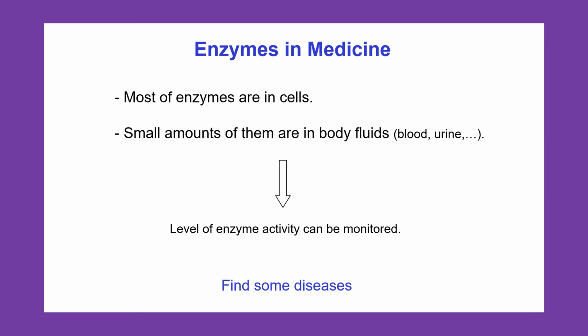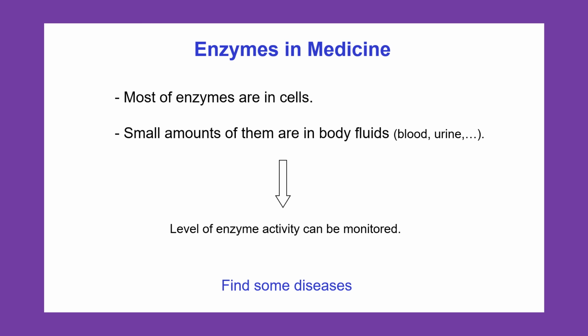Most enzymes are confined within the cells of the body. However, small amounts of them can also be found in body fluids such as blood and urine. The level of enzyme activity in these fluids can easily be monitored. This information can prove extremely useful.